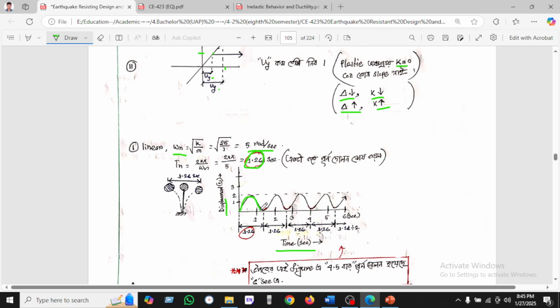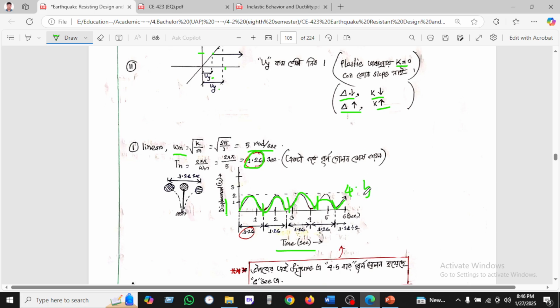If you draw it here, you can see 1.25 seconds completes one cycle, then another cycle, and another, so it goes on continuously. We can see how many cycles are completed. If we calculate, we can see 1, 2, 3, 4 and 4.5.